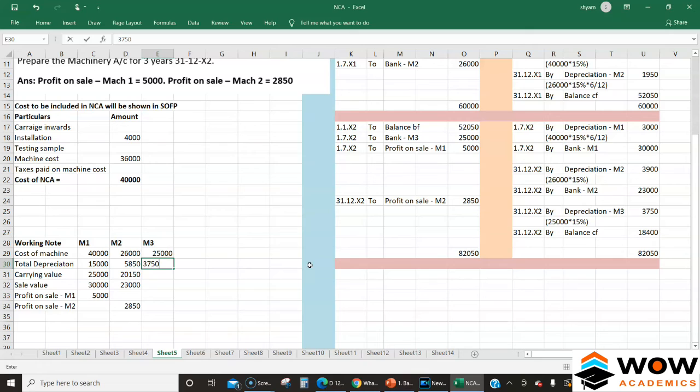So do we have, okay, I think we have provided for a full year. Sorry, we should not be providing for a full year. We should have provided for 6 months only. Okay, it's 1875.